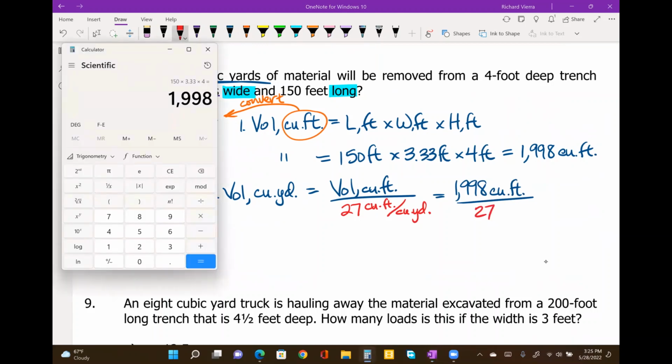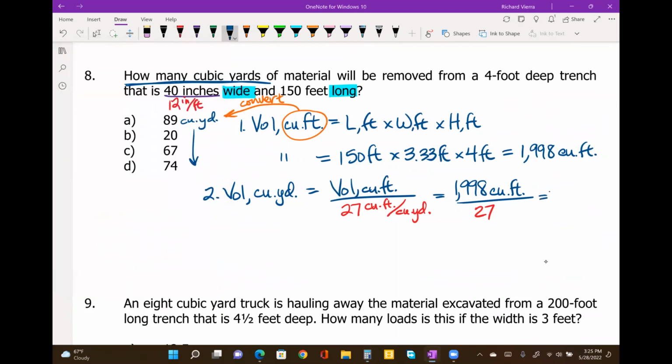So 1,998 still showing in the calculator, divide by 27 comes out to 74 cubic yards. Looks like answer D is going to work best in this case.